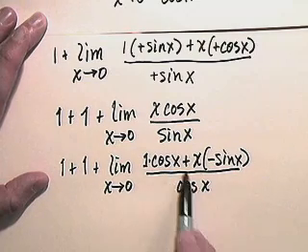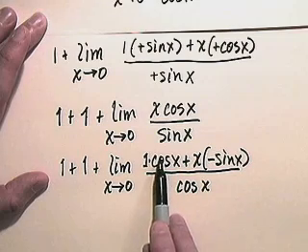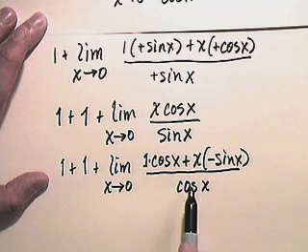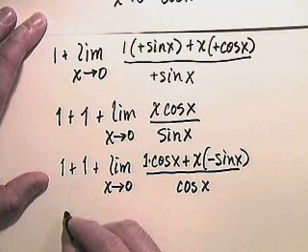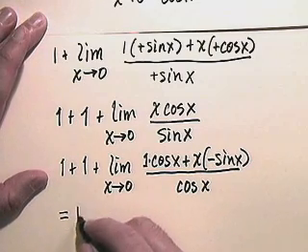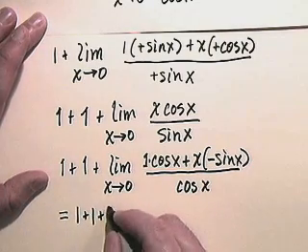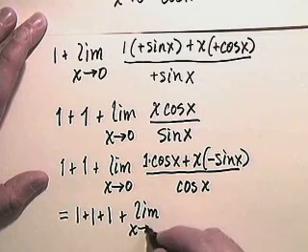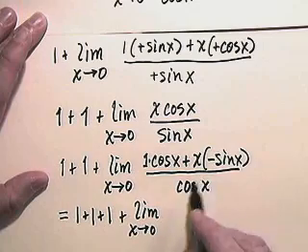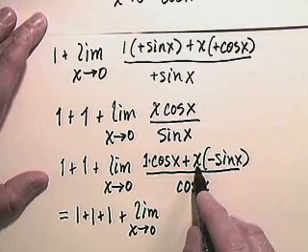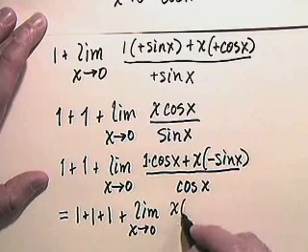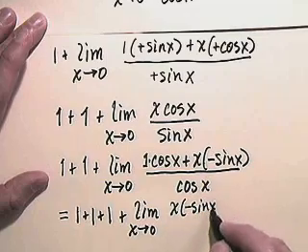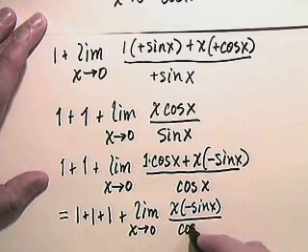But I can break this up again. Here in the first term, cosine x over cosine x is 1, so I can say this is equal to 1 plus 1 plus 1 plus the limit as x approaches 0 of the last term, which is x times negative sine x divided by cosine x.